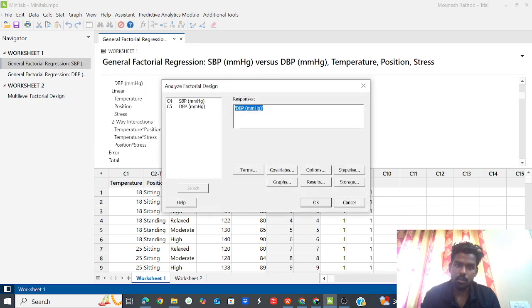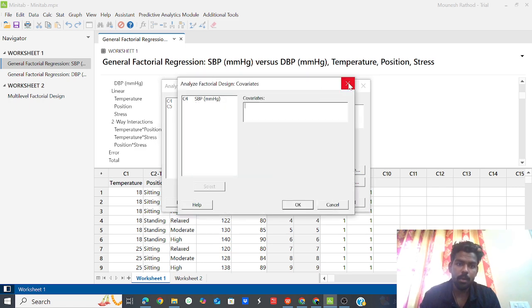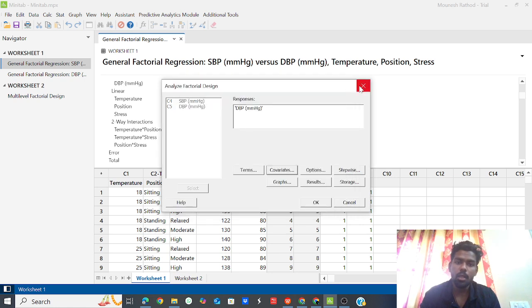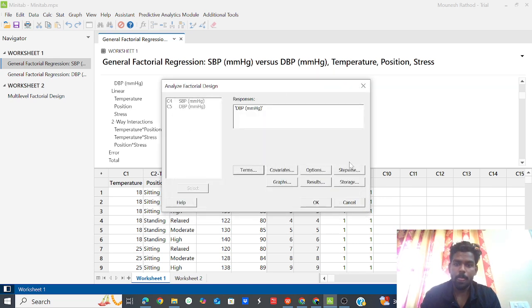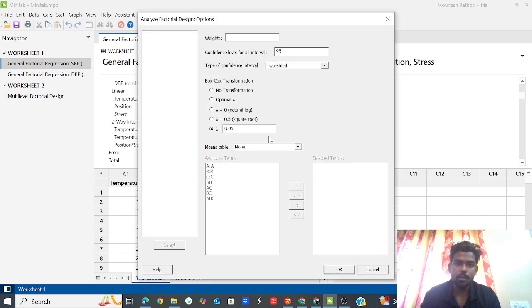For the analysis, for the response we need to take SBP or DBP. Then for the covariate, we can take SBP or DBP depending upon the case. After that, we go to terms, keeping it as 3, then go to options and keep the lambda value as 0.05.